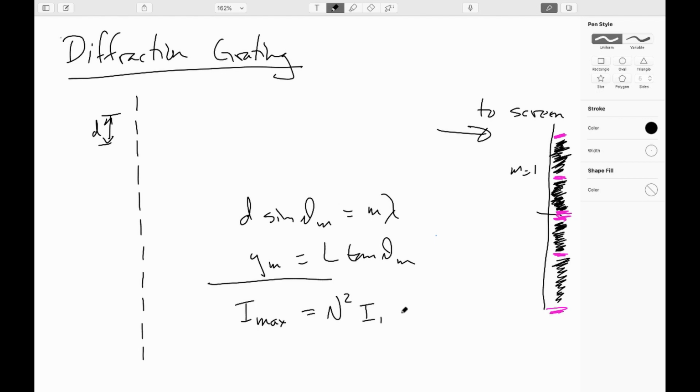But if you think about it, if you have n slits, you're only getting n times more light, but each peak is getting n squared brighter. So the energy for the light has to come from somewhere, and where it comes from is larger intervening areas of darkness.